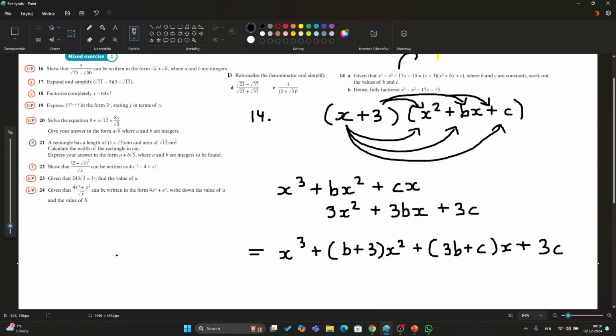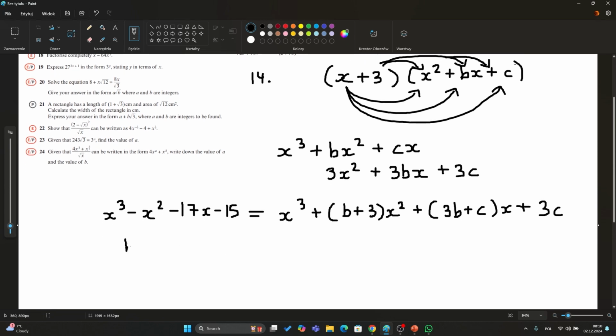Comparing that to our x cubed minus x squared minus 17x minus 15 is the following. So b plus 3 is equal to minus 1, 3b plus c is equal to minus 17, and 3c is equal to minus 15.